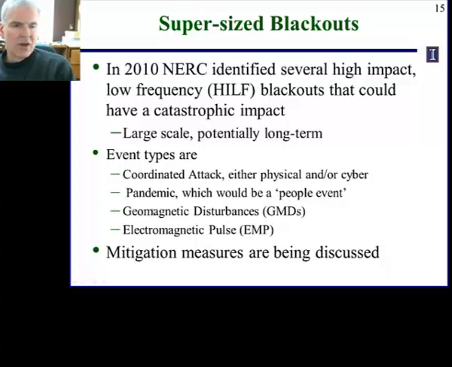The third one, the geomagnetic disturbance, is something that I've been doing a lot of work on along with some of my colleagues. Geomagnetic disturbances are caused by solar flares. The solar flare sends matter towards the Earth. This matter impacts the Earth's magnetic field, and that causes what we call quasi-DC electric currents to flow in the high voltage grid.